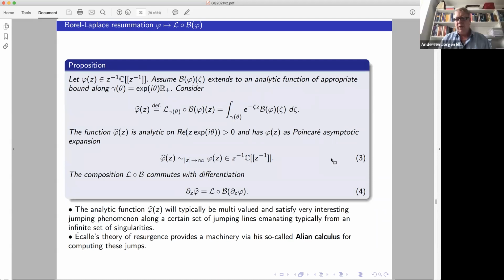Right. So to answer the last part first, indeed. This multivaluedness is everywhere in Écalle's theory, and they're talking about resurgent functions, and they have a very general definition of what that is. But in what I am doing here, the following definition suffices, namely that it depends on this parameter S, and S is running in the complex plane.